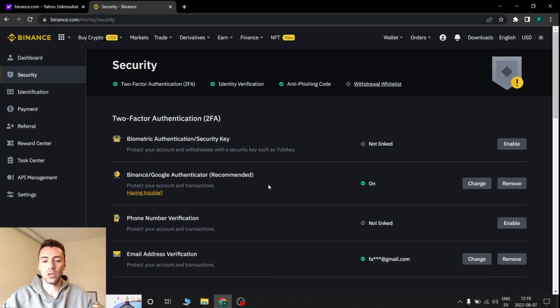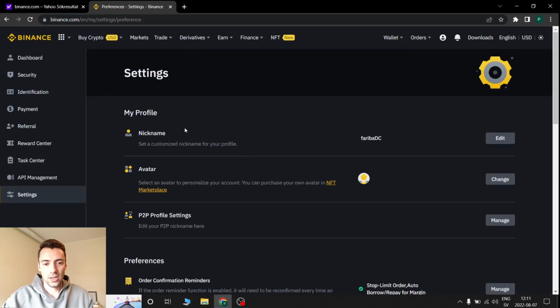I already did it, so I don't have it anymore, but it will be possible for you, and it will give you a 6-digit number, and you can log in safely to your account. And the last one is the email address verification, which we have done. You can also change your email address if you want, but I recommend you not to do it because your account wouldn't allow you to log in or withdraw or deposit money for 24 hours.